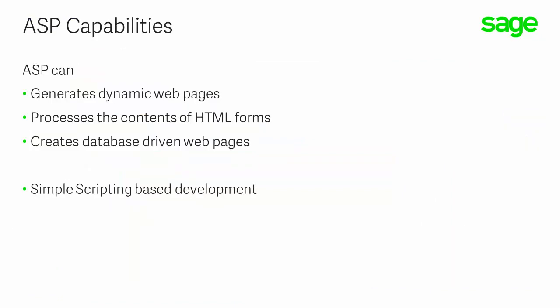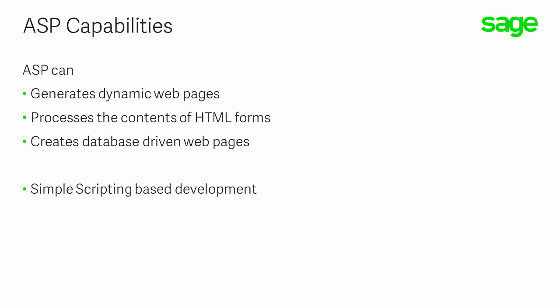And ASP pages allow us to generate a page dynamically. The same type of behavior, the output, can be changed simply by the URLs or the parameters that are contained within the URL. We can generate completely on-demand pages.